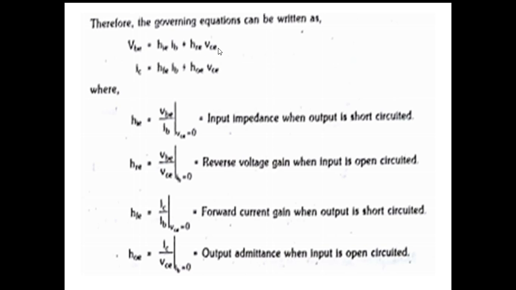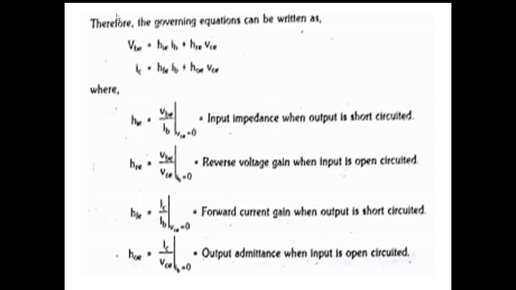This is the input voltage equation. Next, the output current equation: IC is equal to HFE IB plus HOE VCE. Now, VBE and IC are the dependent variables, whereas IB and VCE are the independent variables.